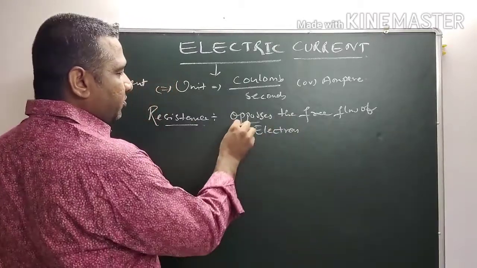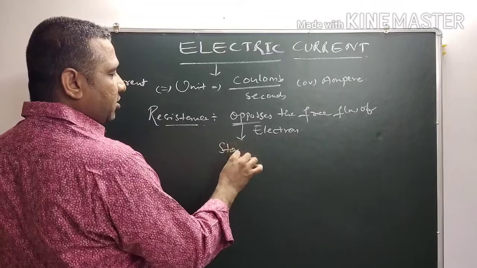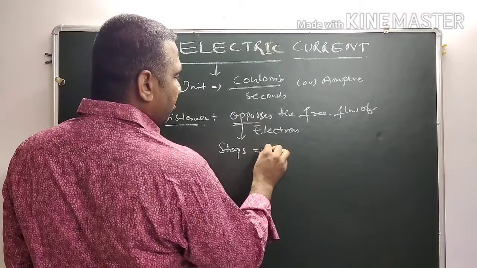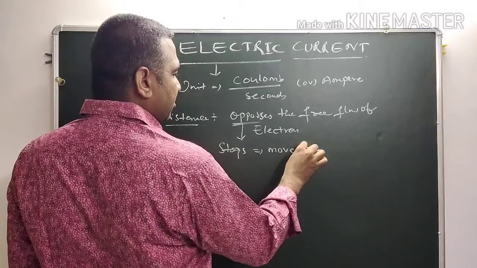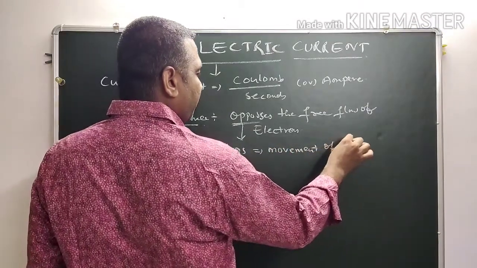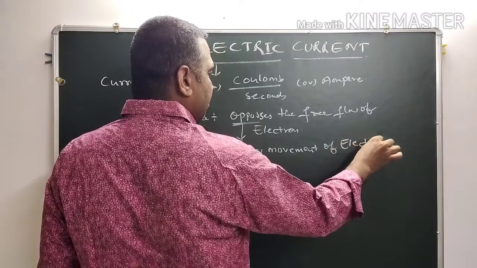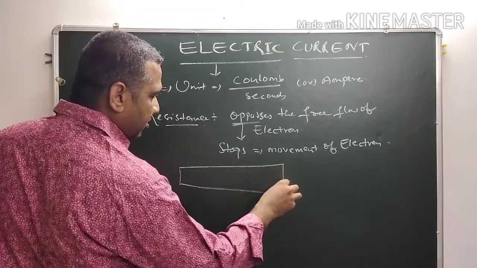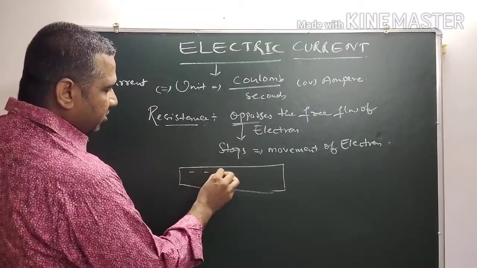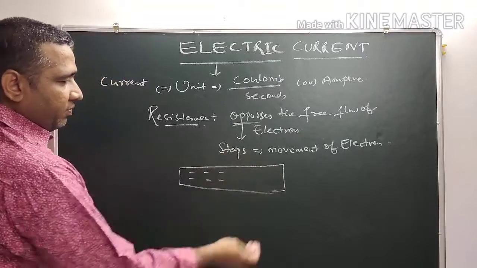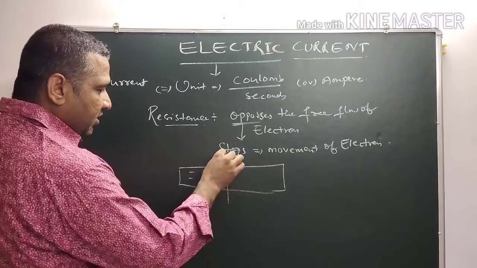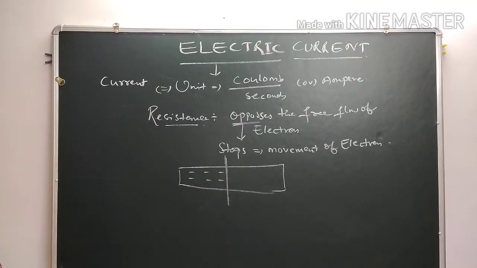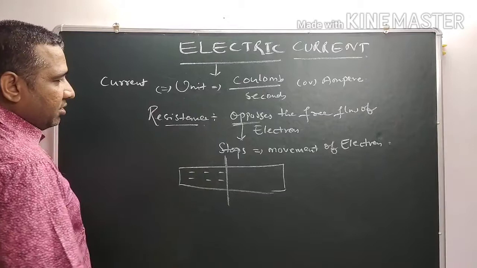Opposing means it stops the movement of electrons. For example, you take one conductor, right? The electrons are moving from left to right. The opposition which stops the movement of electrons is nothing but the resistance.